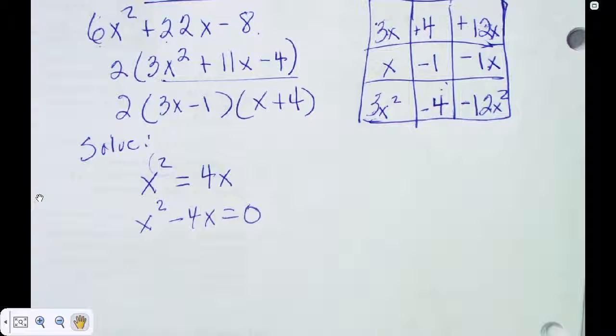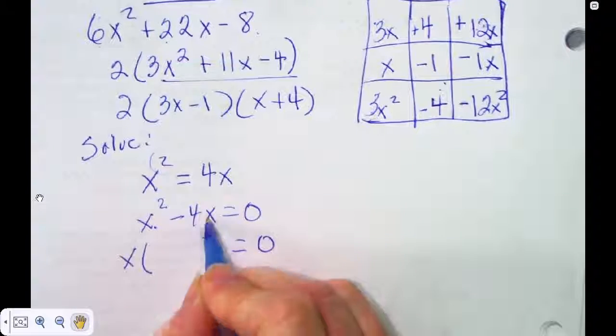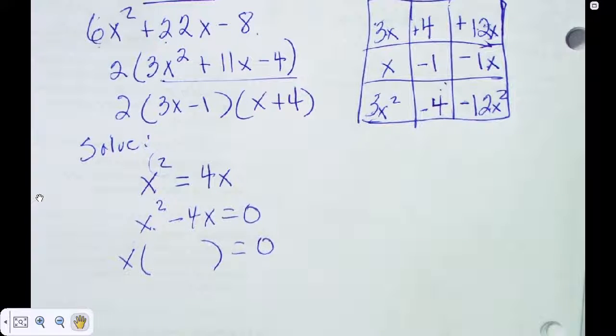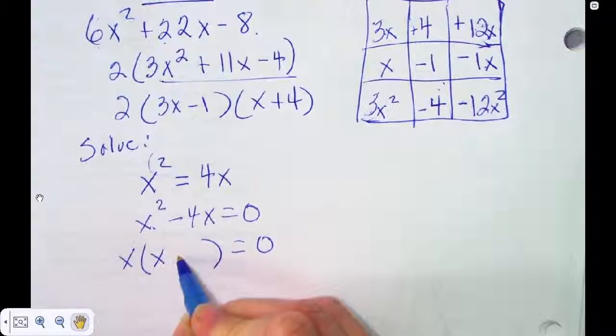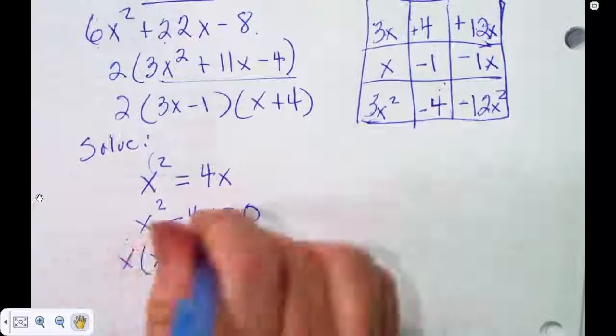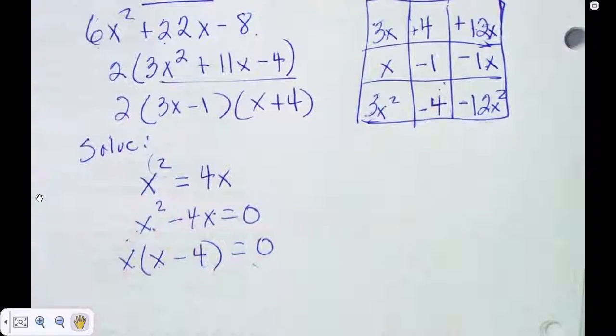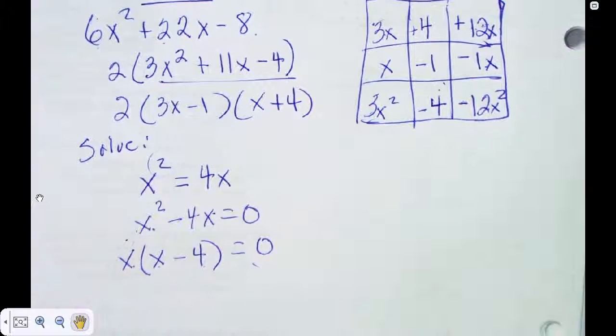So, who knows what you're going to do now? Right? There you go. You can factor the x out. So what do you get? Well, yeah, you got to factor the x out first. Now what? You're not done. No, we don't need a big box.